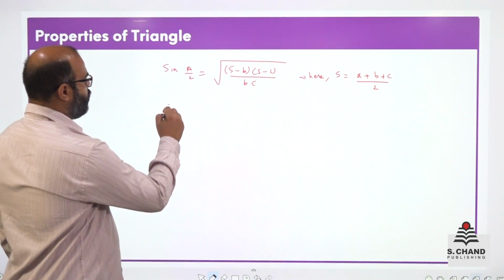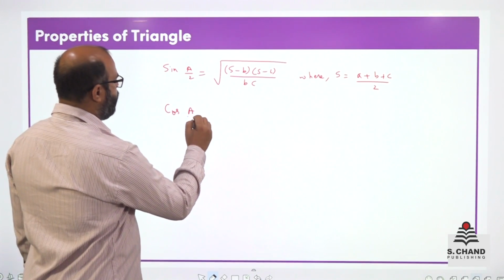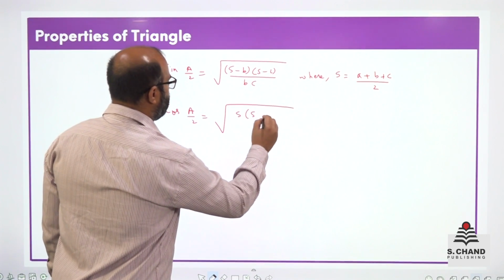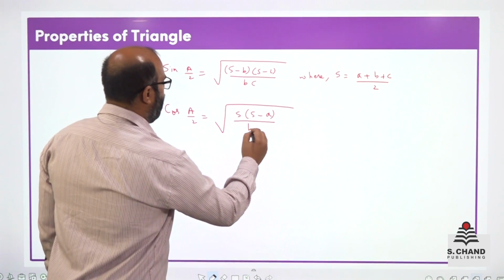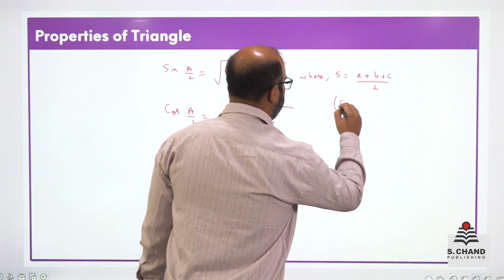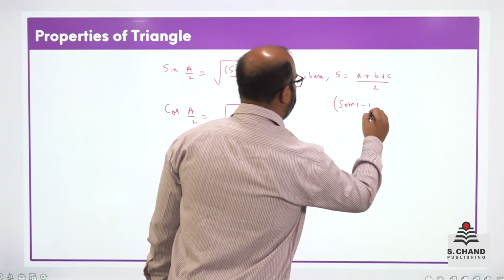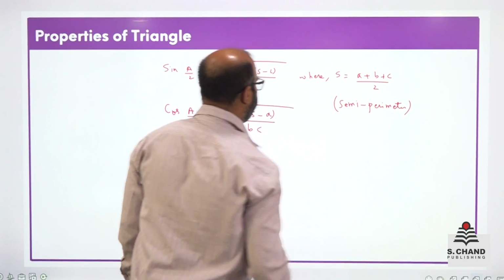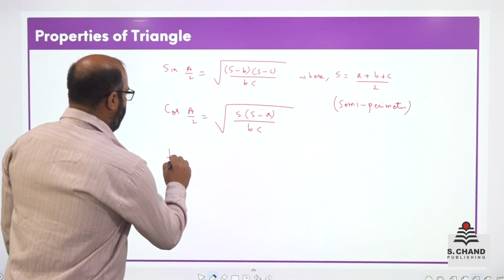What about cos? If we talk about cos A by 2, this is square root of s into (s minus a) upon bc. Again, s is the semi-perimeter. So let me write the name also. It is semi-perimeter. You will get this detail in the book also in the form of theory. What is tan A by 2?